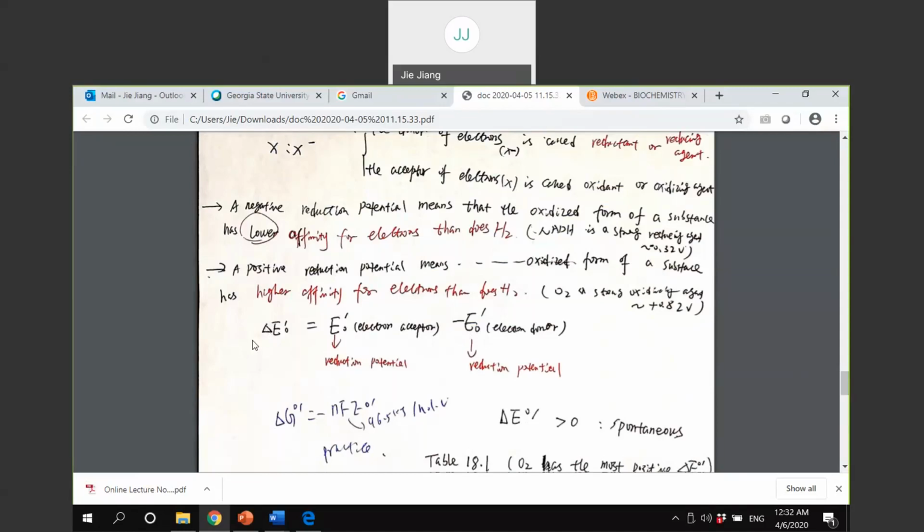So your cell potential for the overall reaction should equal the cell potential for the half reduction reaction minus the half oxidation reaction, which here is the electron donor, and here is the electron acceptor, right? So it's always working this way.